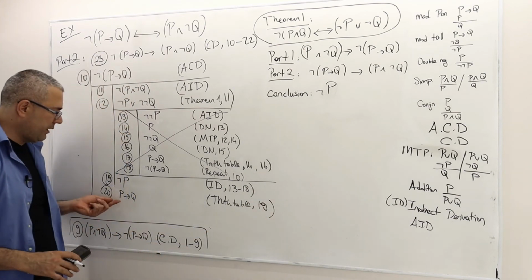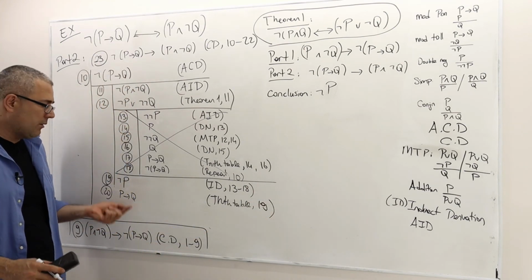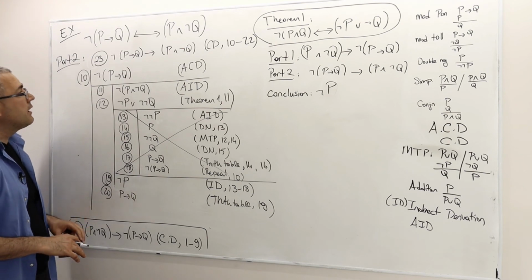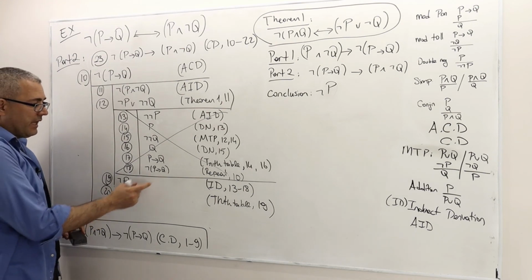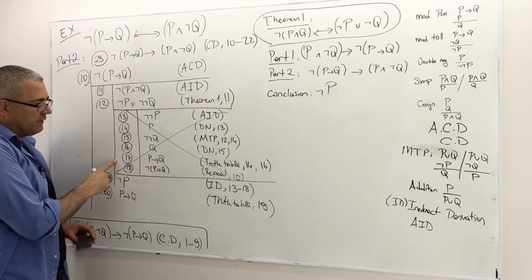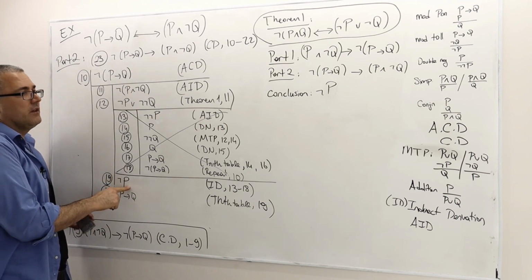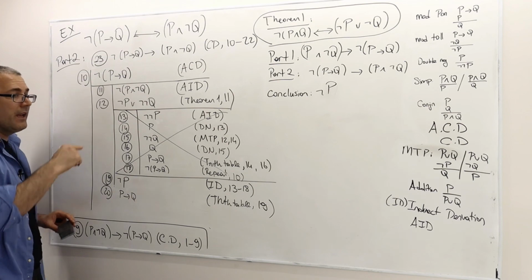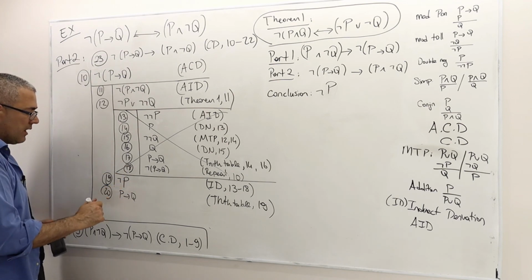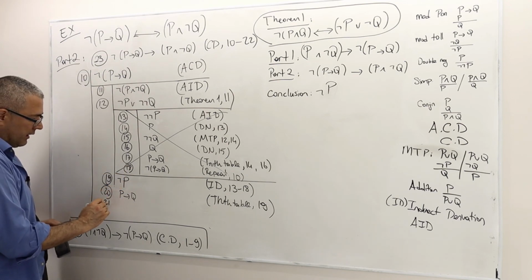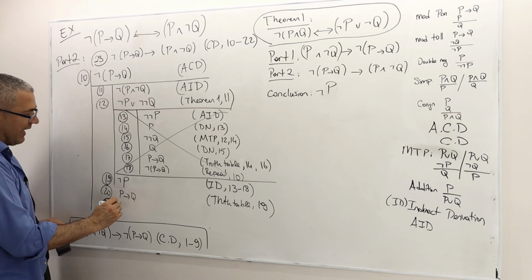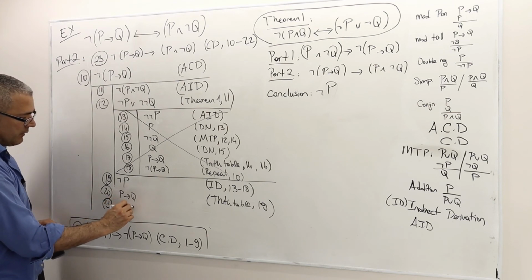So whenever P is false, P implies Q must be true. Once again, I'm not borrowing this from line 17. I derive it by using the fact that not P is a true statement, and hence P is a false statement. So therefore, I can just repeat line 10, not P implies Q.